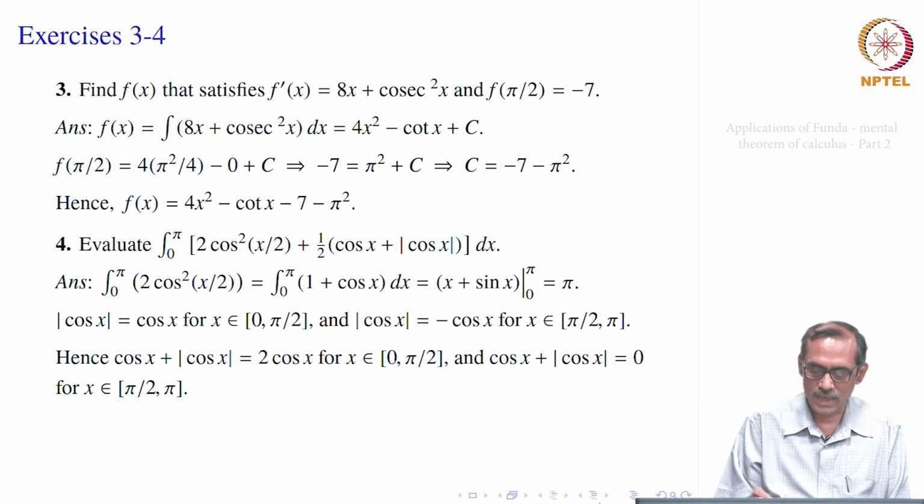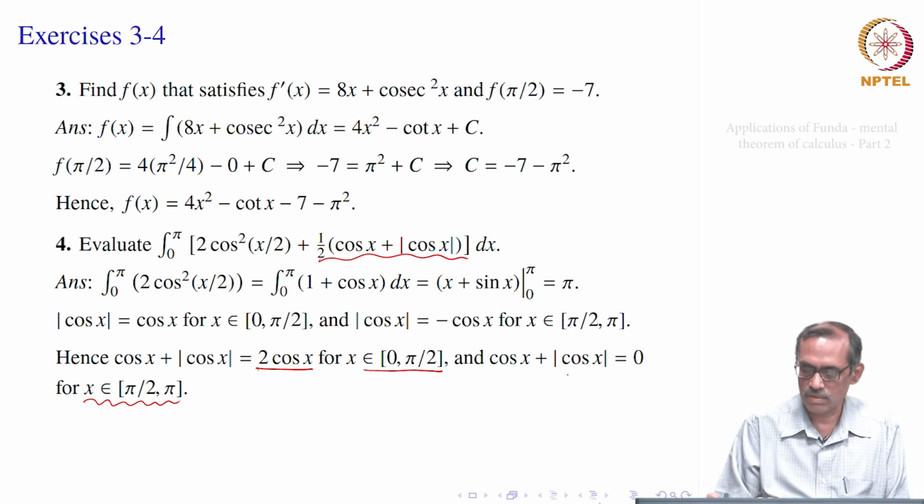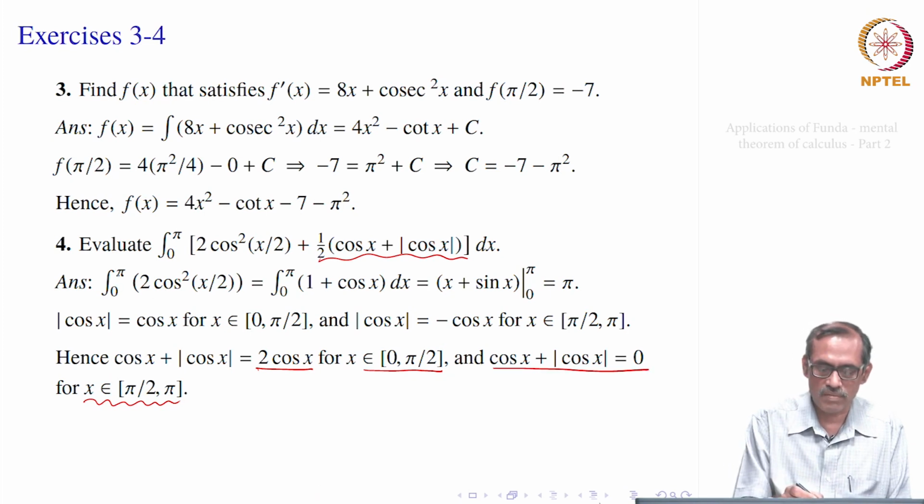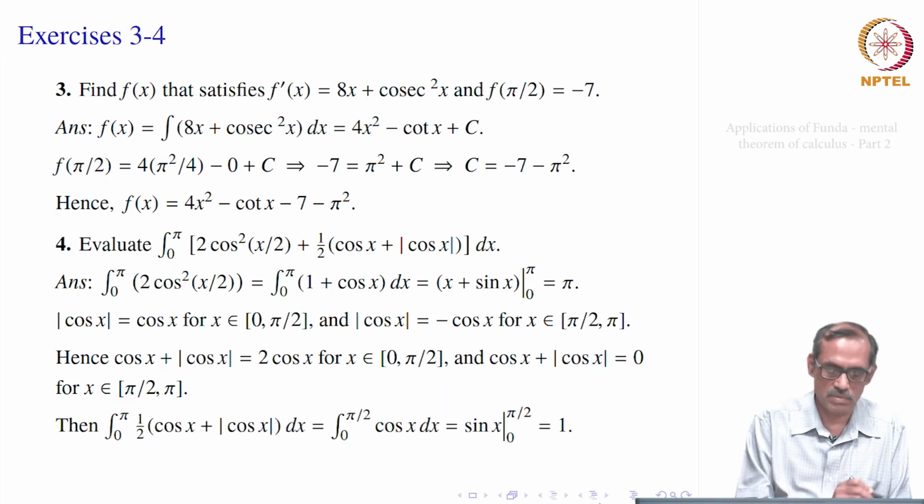Okay. So, for x in 0 to pi by 2, this expression is half of cosine x plus cosine x, which is 2 cos x. And for x from pi by 2 to pi, mod cos x becomes minus cos x, so this becomes 0, right. So, cos x plus mod cos x is 0. Therefore, the integral from 0 to pi is really the integral from 0 to pi by 2, and the other side becomes 0.